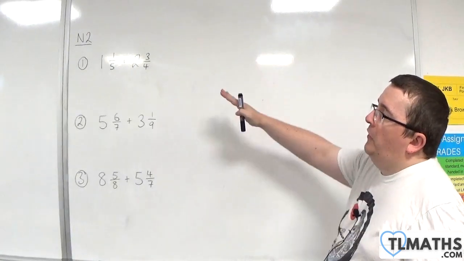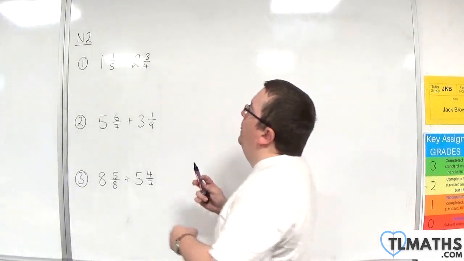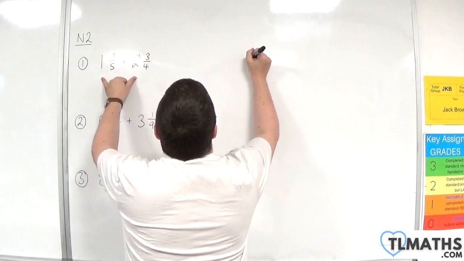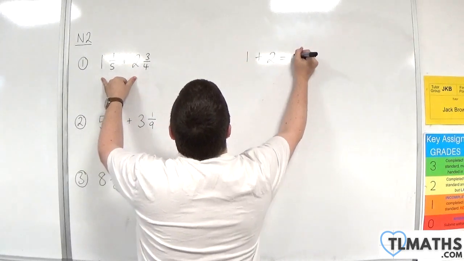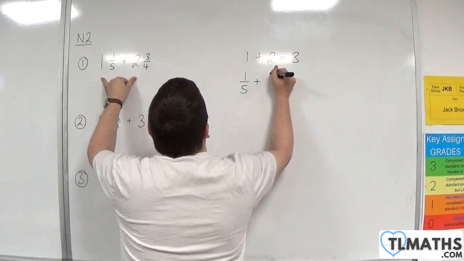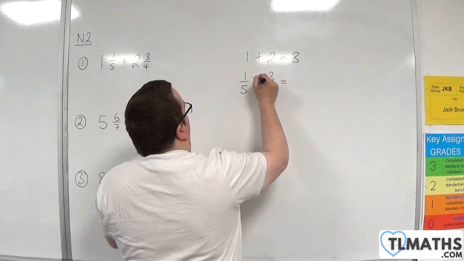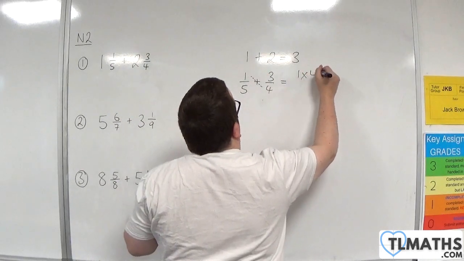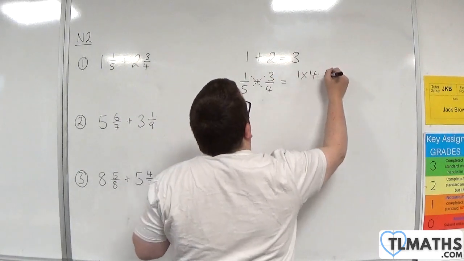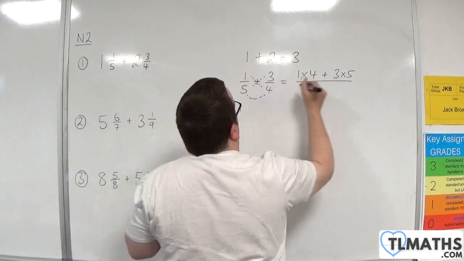So let's take a look at our first example, 1 1/5 plus 2 3/4. So first of all, add the 1 and the 2 together to make 3, and then focus your attention on the fractions, so 1/5 and 3/4. So I'm going to use cross multiplication, so 1 times 4 plus 3 times 5 over 5 times 4.